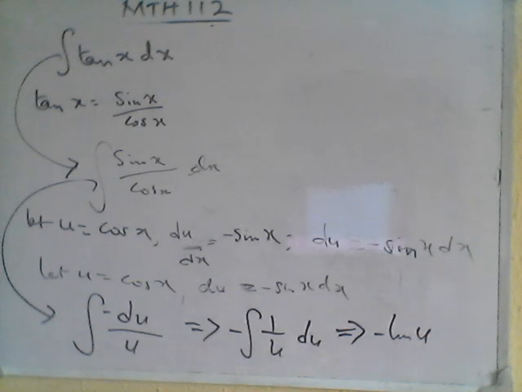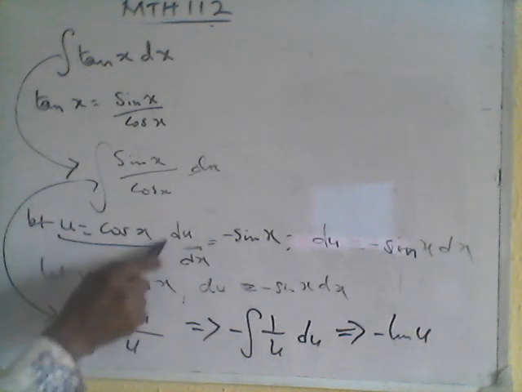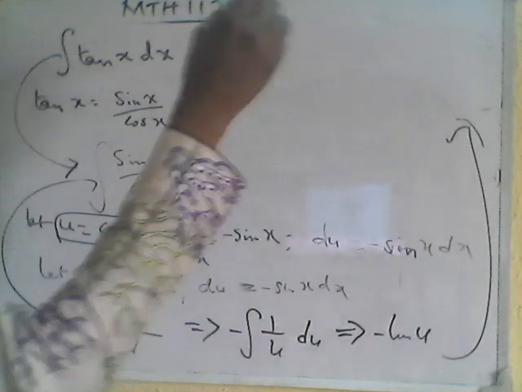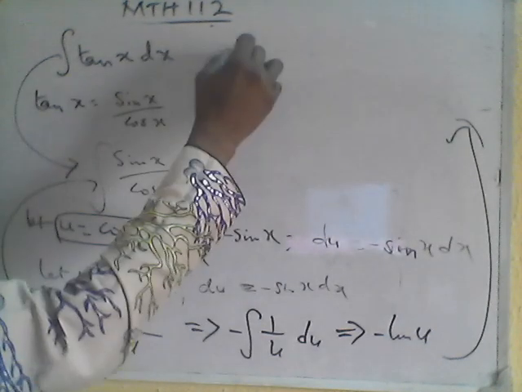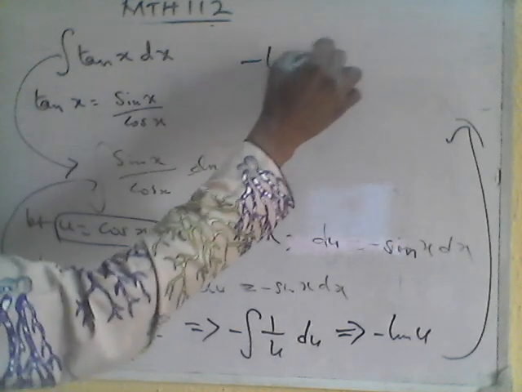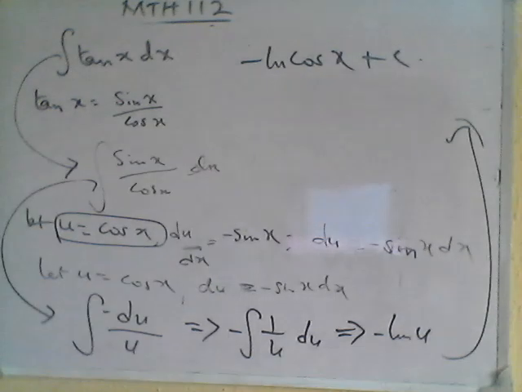But recall, we defined u as cos x, so this will now be minus ln cos x plus c. So the integral of tan x is minus ln cos x plus c.